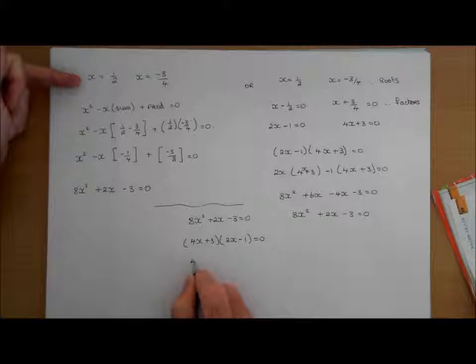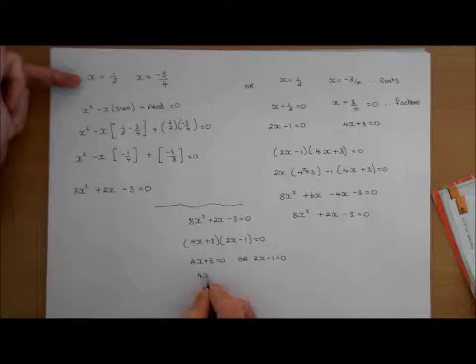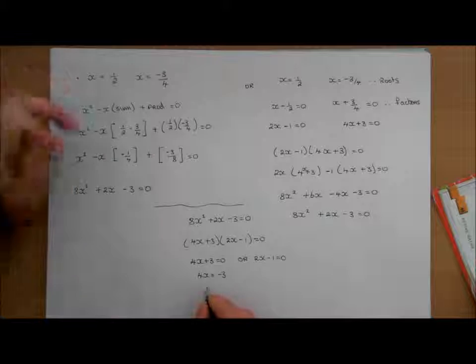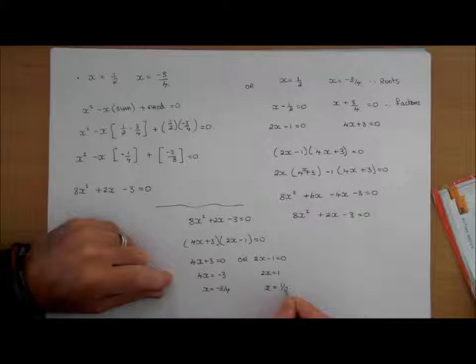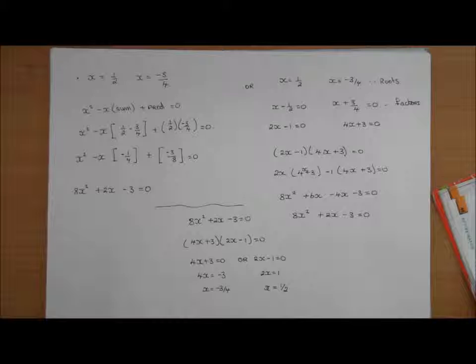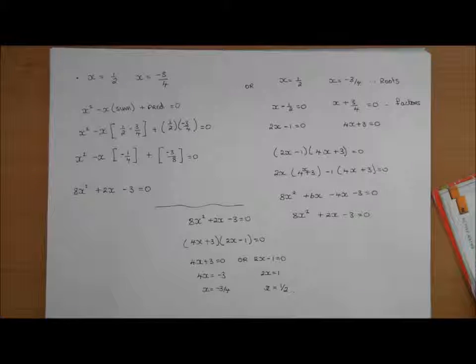And then you'd say, well, that means 4x plus 3 is 0 or 2x minus 1 is 0. 4x is equal to minus 3. x is equal to minus 3 over 4. 2x is equal to 1. x is equal to 1/2. And that's how you go back the way. But today I wasn't teaching you how to go back the way. We were teaching you how to work forward. Now, have you any questions?